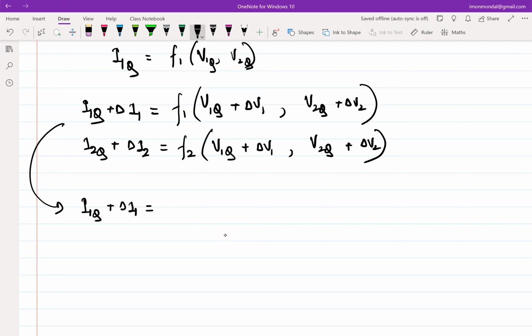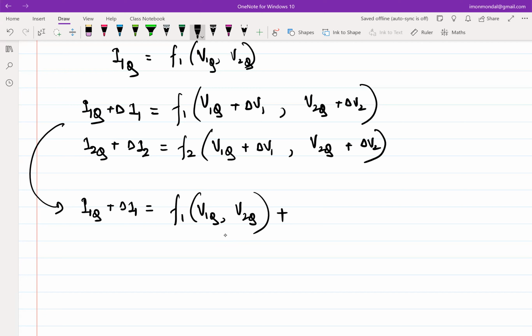What is the first term in the Taylor series? The quiescent position, the position from which I am starting the analysis, right? I already know where I am at. By doing some numerical analysis, I'm interested to see, with the extra increments, where am I going. So the first term is always the quiescent, and this is a known term. By known, I mean you have to put in some fight and analyze nonlinear equations and all, but this is known.